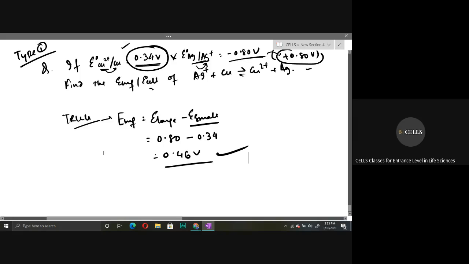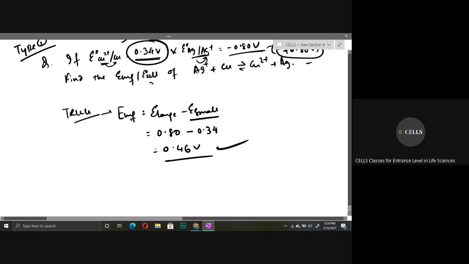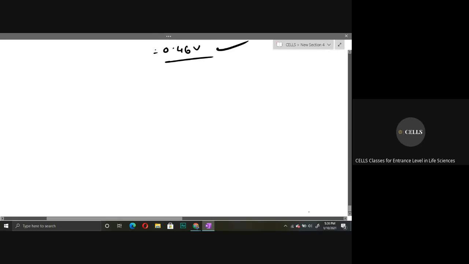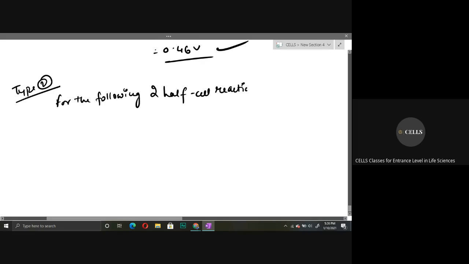Now you will answer this type of question. This is the second type, but it is just a corollary of the first type. So type 2. Suppose for the following two half cell reactions, Zn to Zn2+ plus 2e, they have already given this reaction, and the value of this E0 is 0.76 volt.